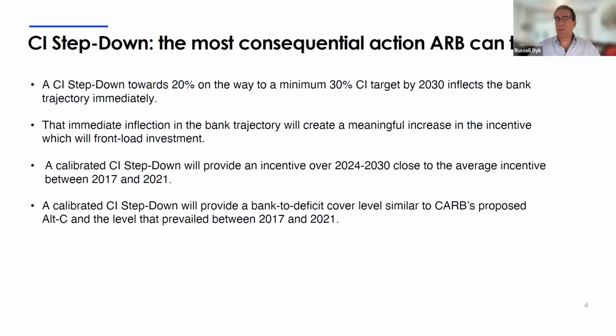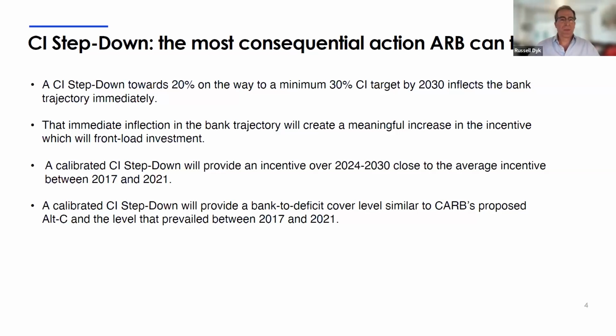The carbon intensity step down does pair really well with the acceleration mechanism. I think they're very complementary. But I think CARB and the rest of the market, and certainly we, view the carbon intensity step down as the first giant leap that CARB should take, whereas the acceleration mechanism is the small steps that CARB can take down the road. So that's the first thing.